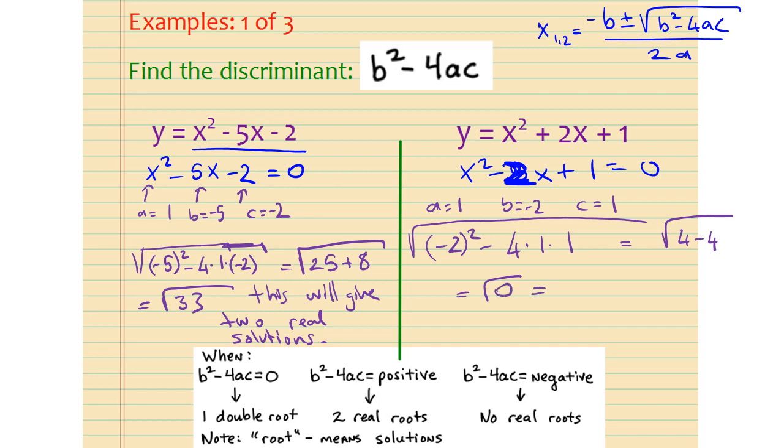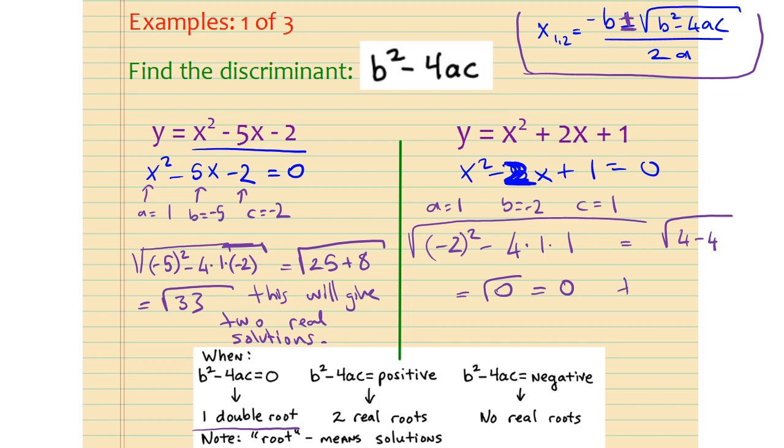Square root of 0 is going to be 0. When we put that information in our quadratic formula, it will make inside of the square root 0, so the square root part is completely 0, and the plus or minus part is not going to give us two different solutions. Instead, we will only have one solution. So in those cases, we're going to say we have one root, one double root.